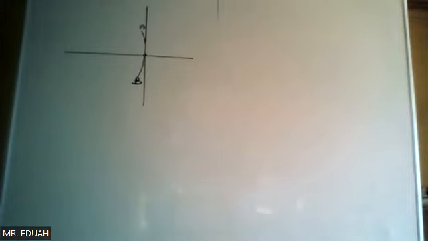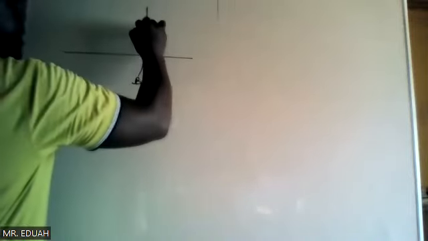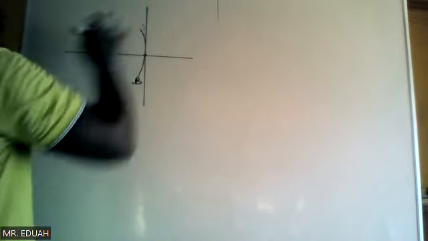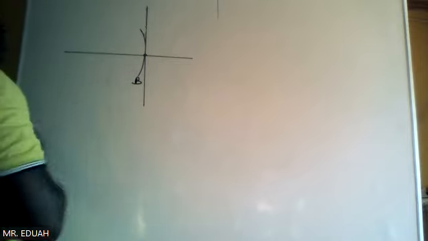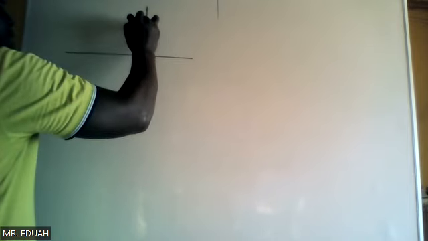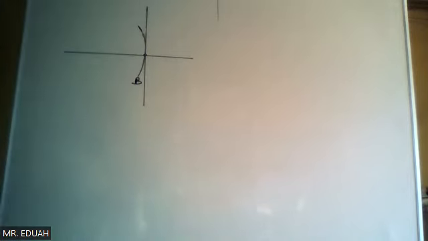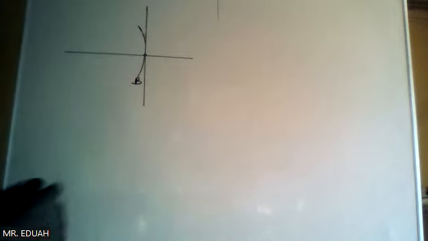The next important thing, you must indicate the principal focus. The choice is yours. I want to measure a distance of maybe 10 centimeters from the pole. So my principal focal length is 10 centimeters.